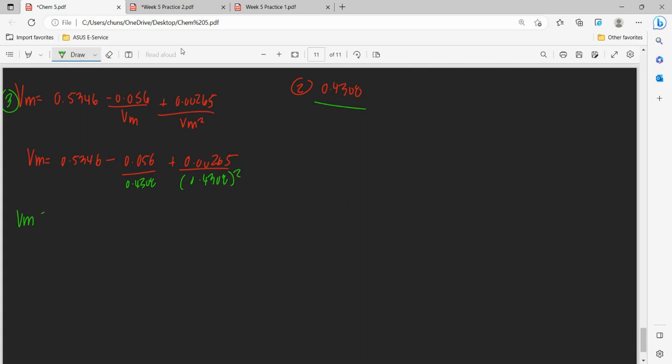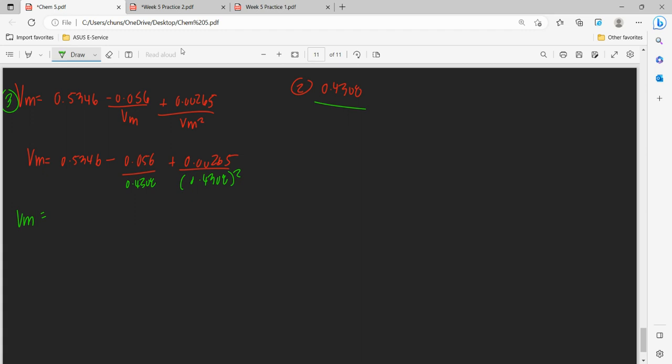And this gives our second iteration equal to 0.5346 minus 0.056 divided by 0.4308, plus 0.00265 divided by 0.4308 squared.